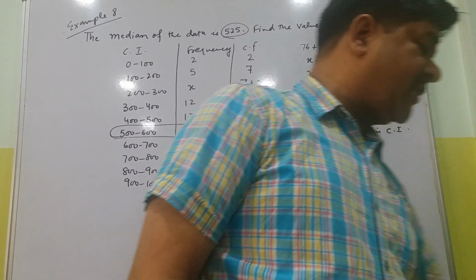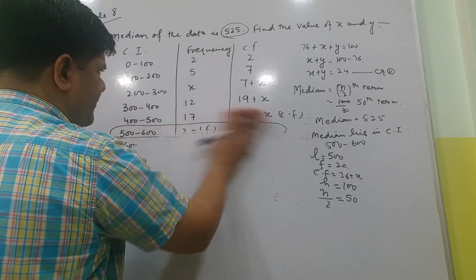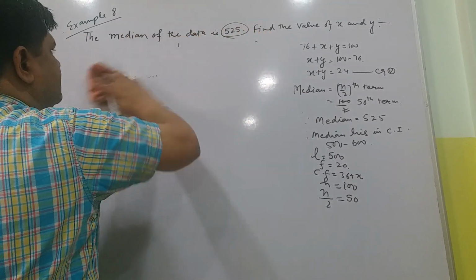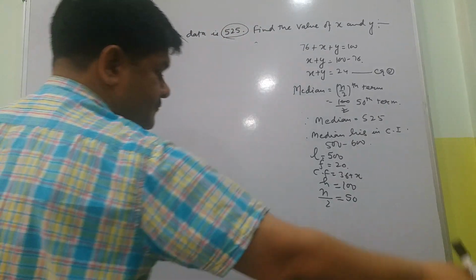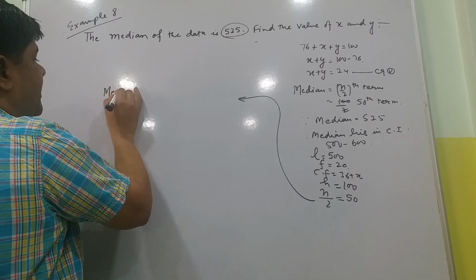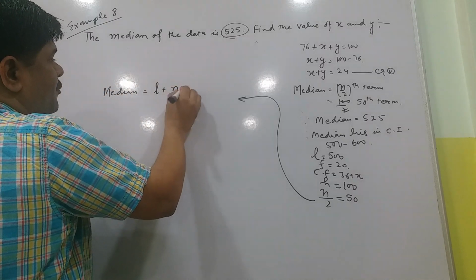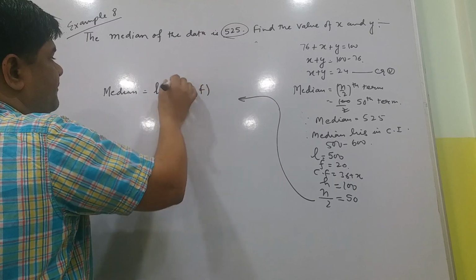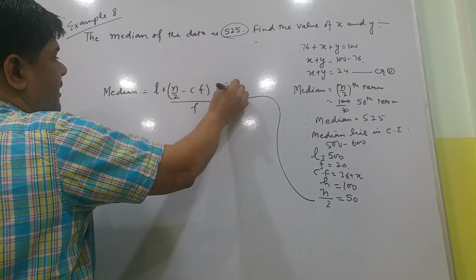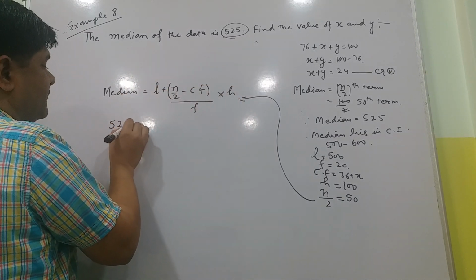Now we will apply the formula of the median to solve it further. The median has the formula L plus n by 2 minus CF upon F into H. So the median we have is 525.